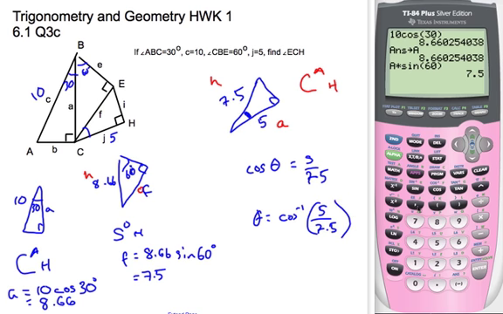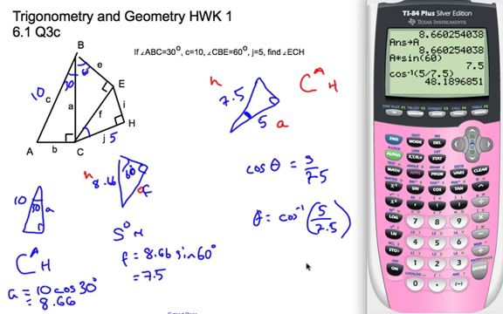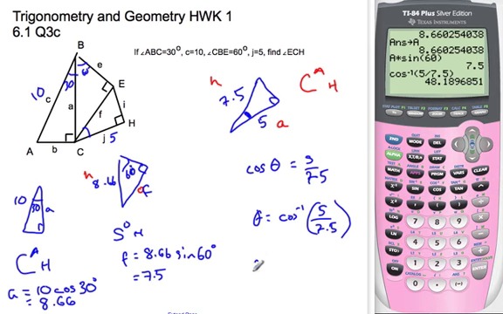So, second cos, 5 divided by 7.5. What do I get? 48.2 degrees. So 3 significant figures. 48.2 degrees. There we go, we're done.